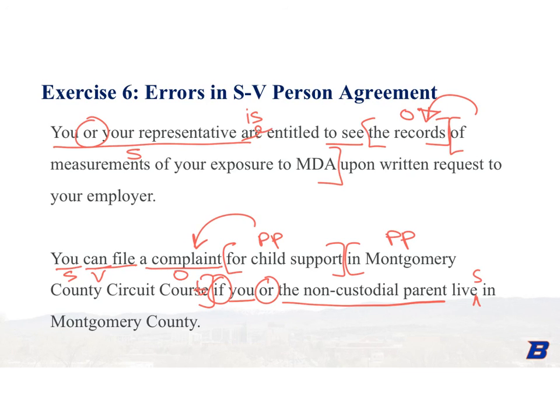So if you or the non-custodial parent lives in Montgomery County. And again, with you, it's easy for this to trip up a writer or an editor, because on first hearing, it's a little bit hard to hear it or to challenge or to figure out the error and to hear if it's right or wrong unless you stop to take a look at it.